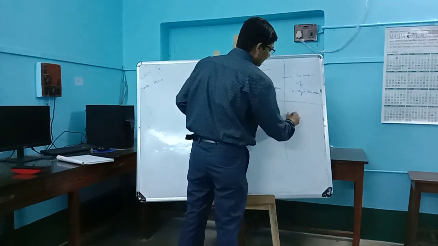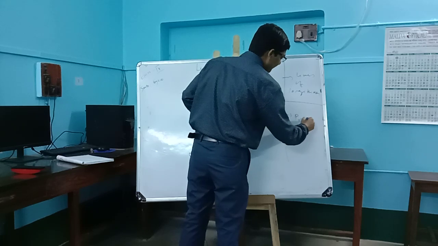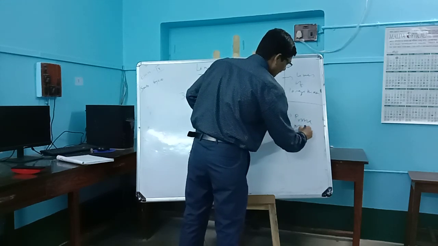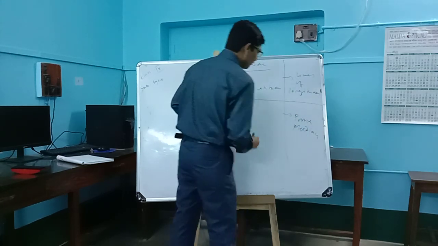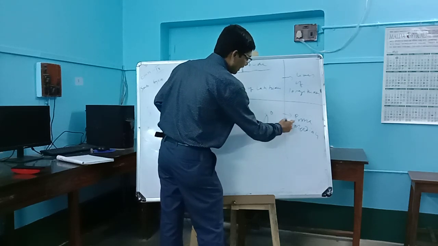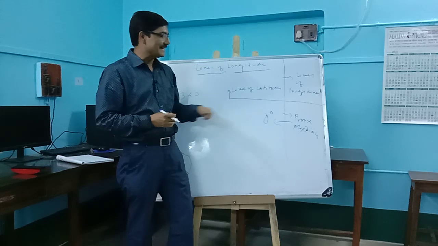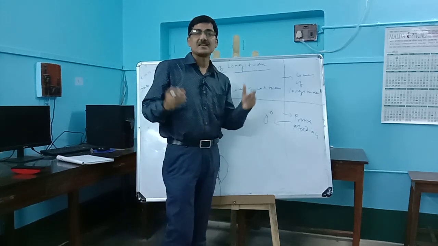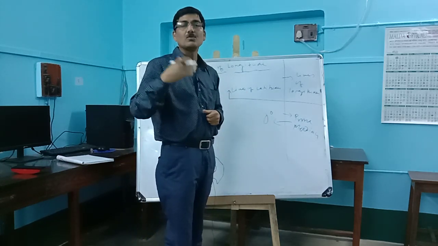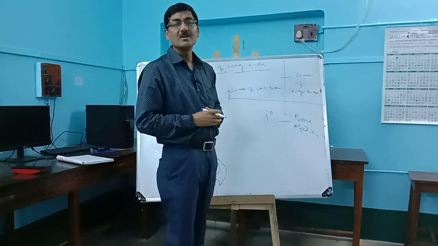Prime meridian, whose value is 0 degree. It is like the equator. The equator also has the value of 0 degree.